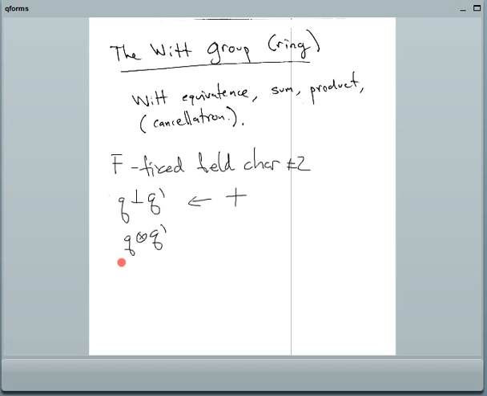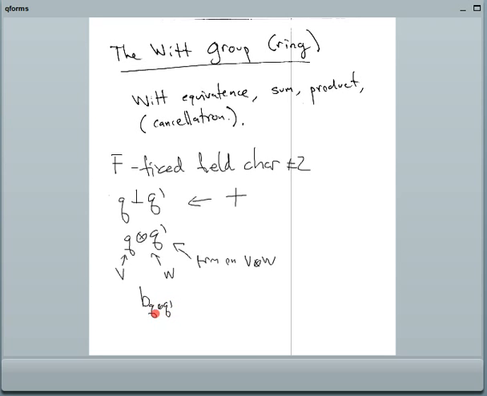So how is this defined? Well, if Q is a form on some vector space V, and Q prime is a form on some vector space W, then this is a form on V tensor W. Maybe the easiest way to define it is by defining the associated bilinear form, and then you can get the quadratic form from that.